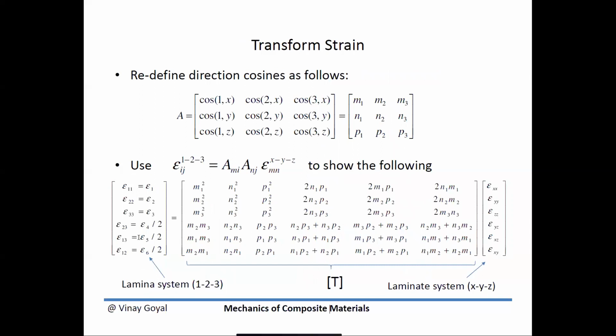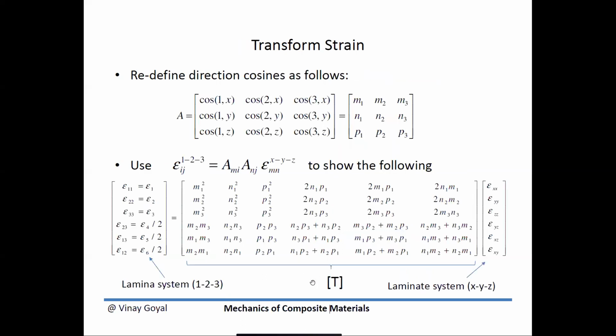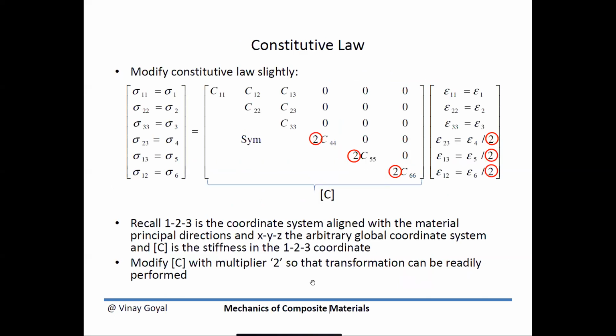I'm going to do the same thing later with the strain, but for now, this is equal to T inverse times this column vector. We also notice that this column vector is equal to C times the strain vector, and that was shown here. Stress equals C times the strain vector in the lamina coordinate system, in the 1, 2, 3 coordinate system.